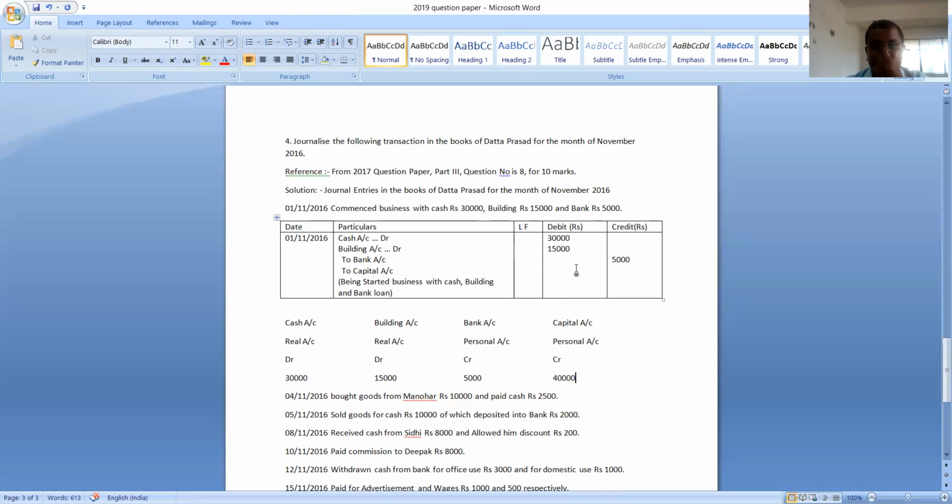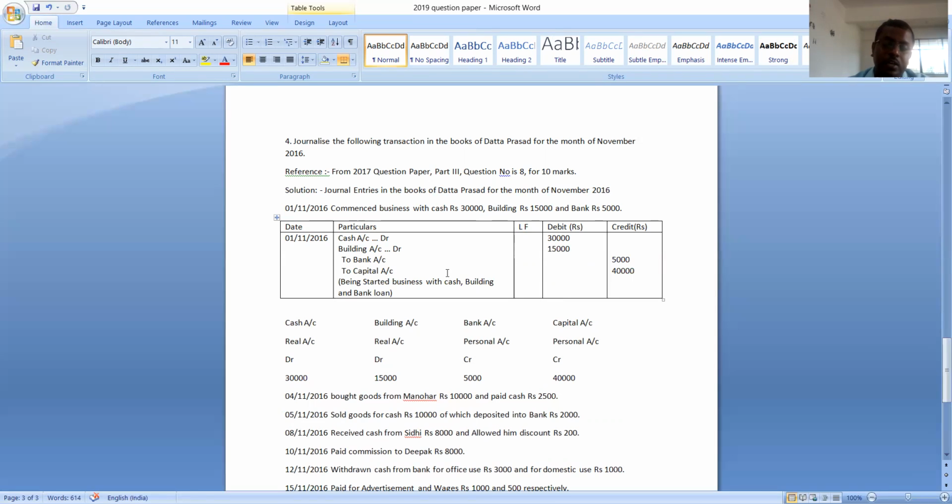It is 45,000, out of which 5,000 rupees taken from bank and the remaining 40,000 rupees invested from his own pocket. Understood? So what is the journal entry? Cash account debit 30,000, building account debit 15,000, to bank account 5,000, and to capital account 40,000. It is how we should pass the journal entries.